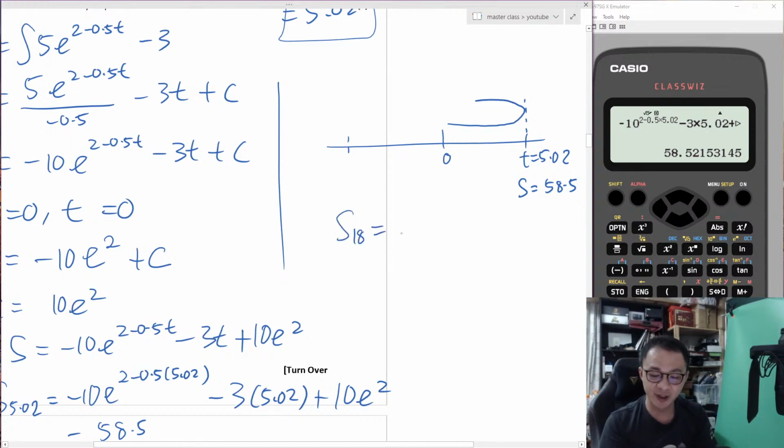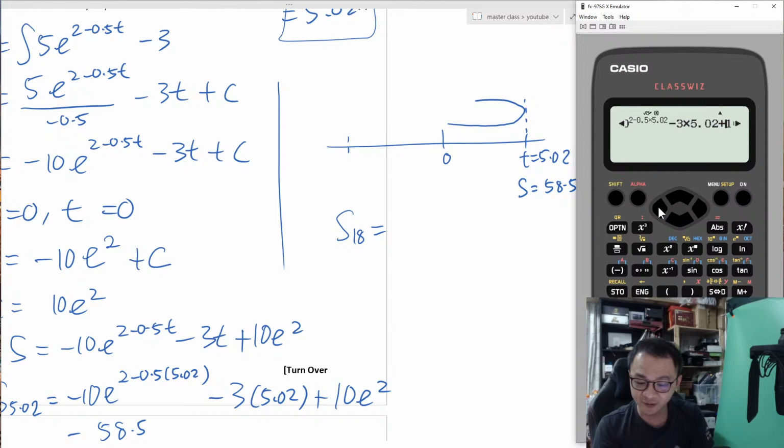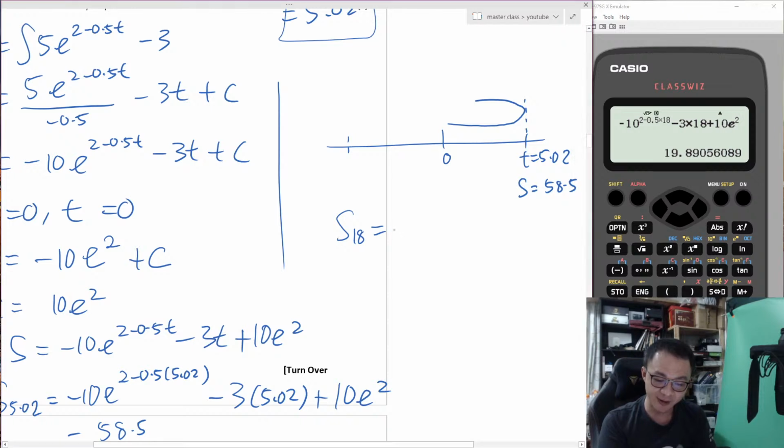So I will substitute 18 into all the 5.02. Multiply 18. Okay, then it's 19.9. So we will stop here. When time is 18 seconds, displacement is 19.9.